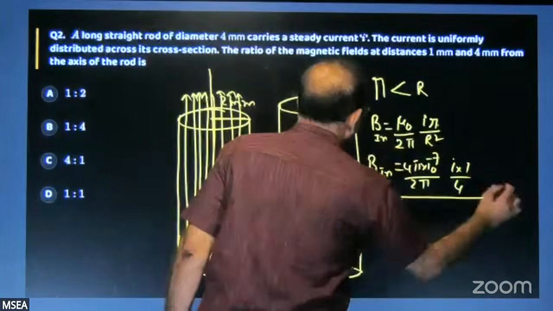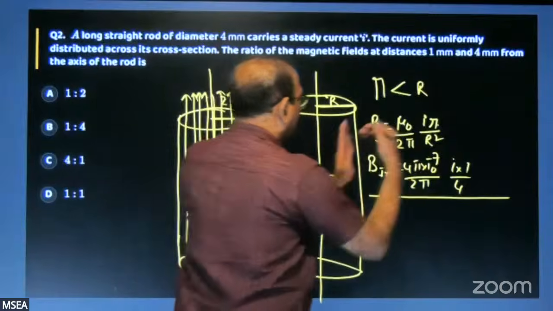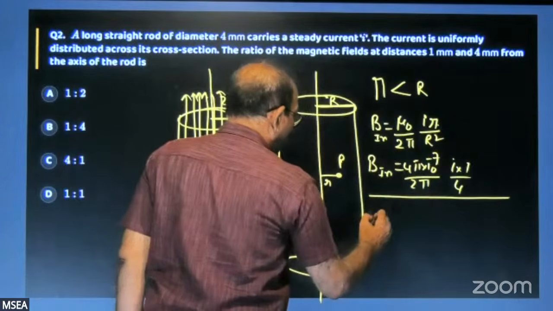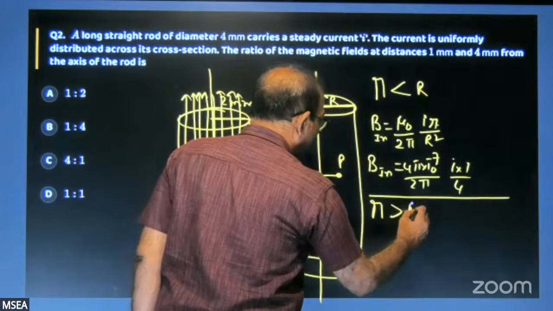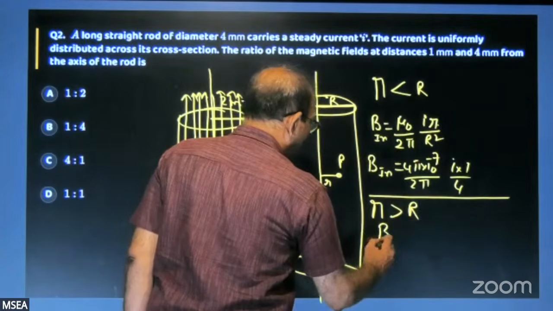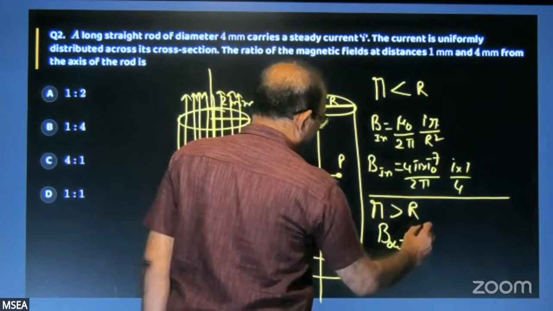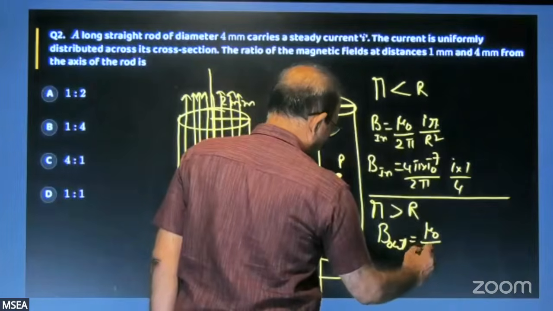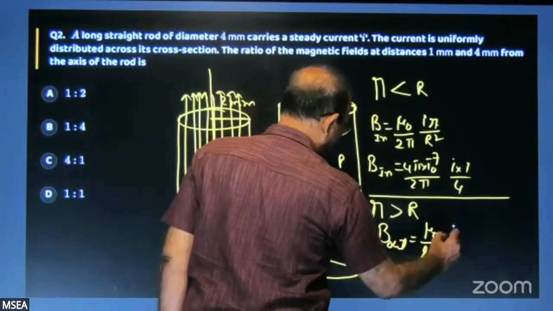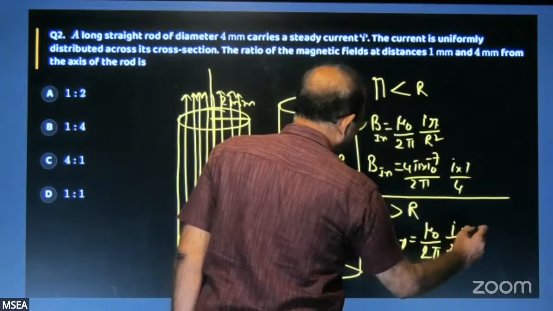Now, at a point outside, when small r is greater than capital R, what is the magnetic induction due to this? Mu naught by 2 pi into I by r.